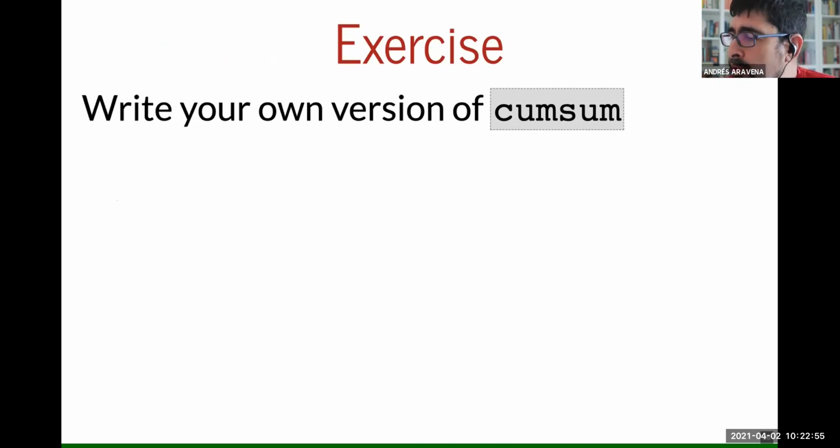I have to say something. The homework that I give you are exercises, I mean, they are practical. And in fact, they are so practical that most of the time there is already a function in R to do what I'm asking you. So you are replicating something that already exists.